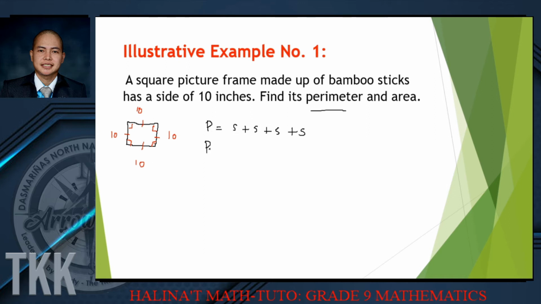So P equals, when we simplify this, S plus S plus S plus S is 4S, or 4 times the side.